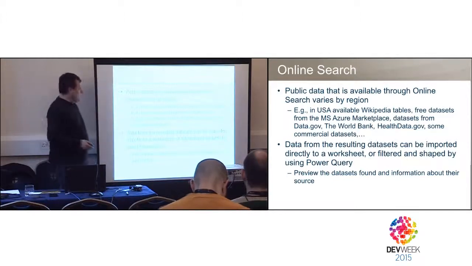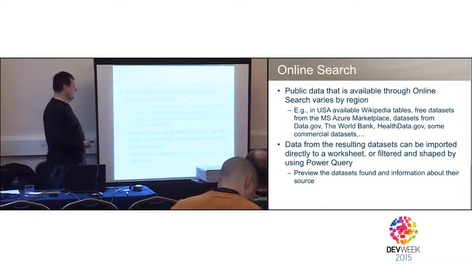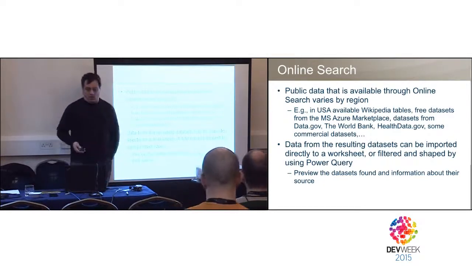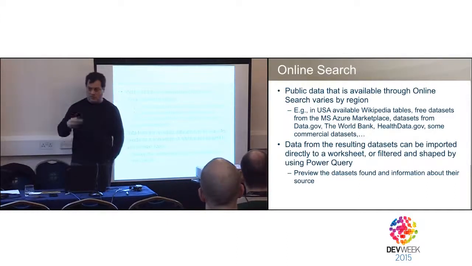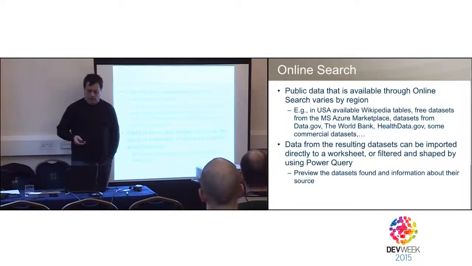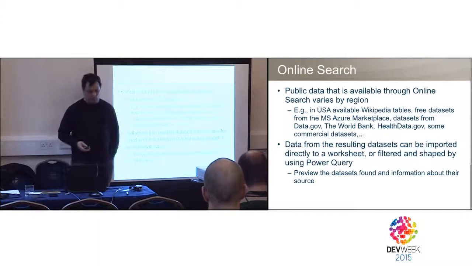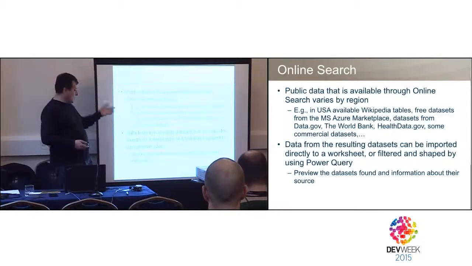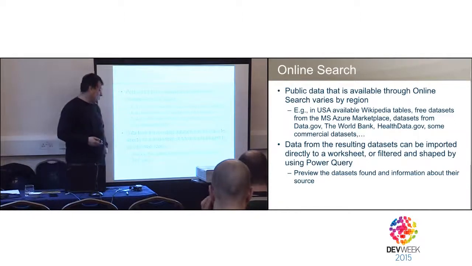So public data that is available through online search, this is through Bing search, of course, this varies by region. So typically you get from websites, pages, all kind of tables that are there, like Wikipedia tables, Azure Marketplace datasets that are free, you can search for them, and some government and bank health data sources.